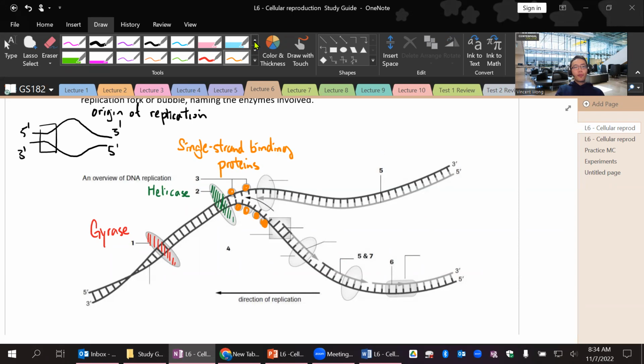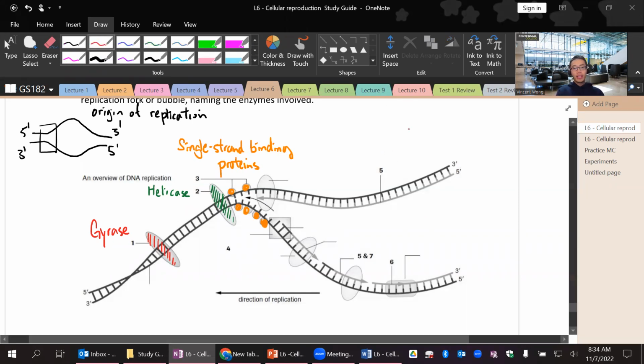And in order for replication to start occurring, we actually need to lay down a few nucleotides, right? So we're going to put a few RNA nucleotides here. We call them primers. Okay, so we're going to put a few primers here, and then we're going to put a primer here. Now, on one of the strands, you only need one primer.